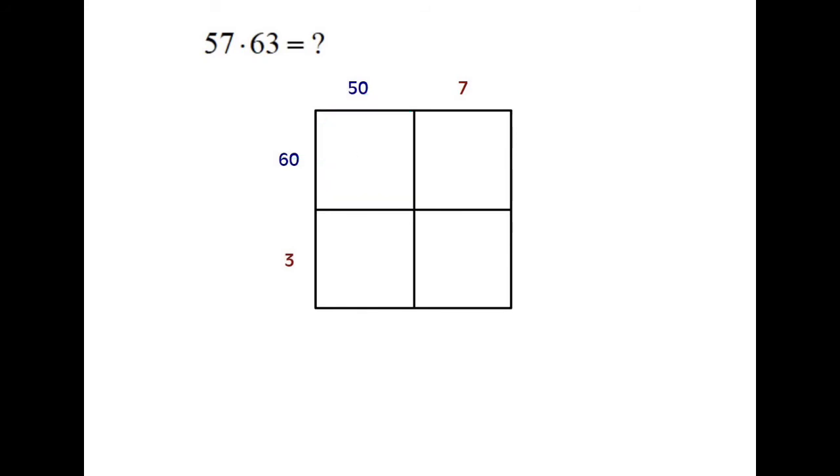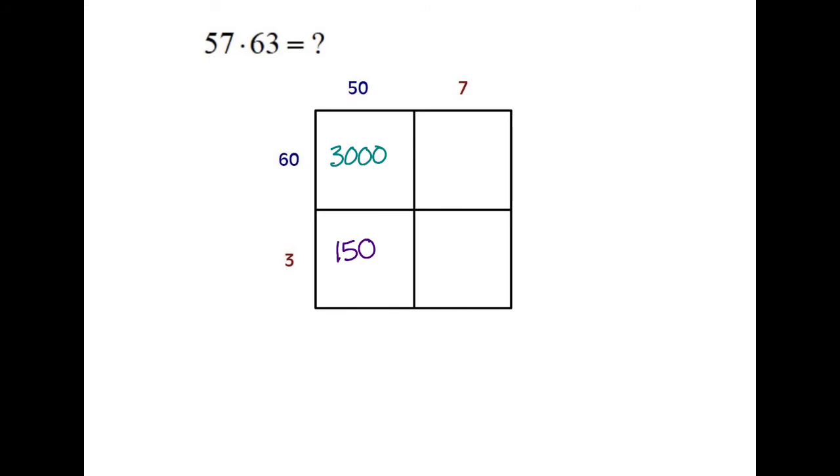So 6 times 5 is 30, and then the 2 zeros we didn't use, so that's 3,000. Okay, now 3 times, let's go do the first column first. So 3 times 50, 3 times 5 is 15, and add the 0 that we didn't use.